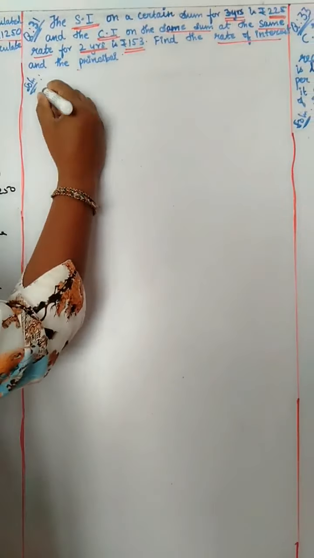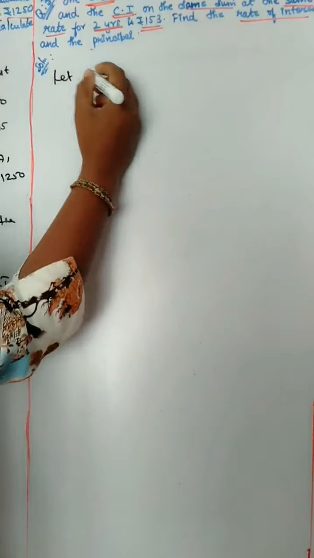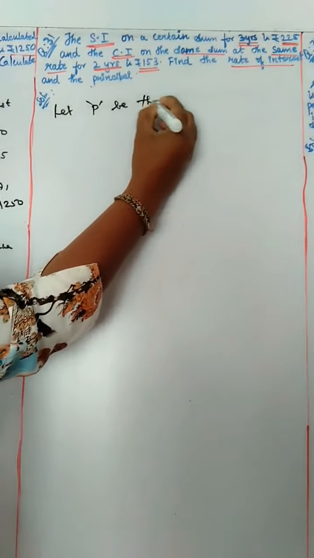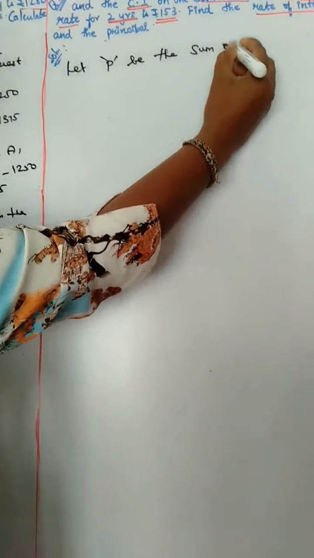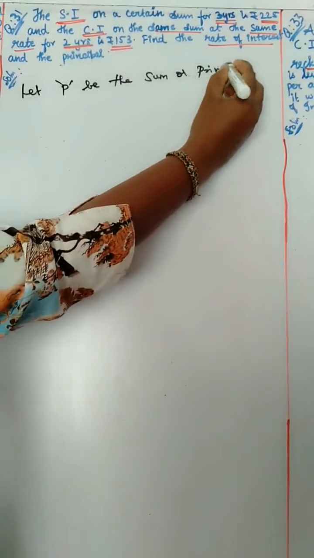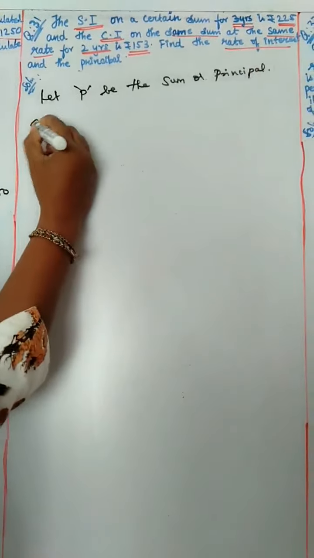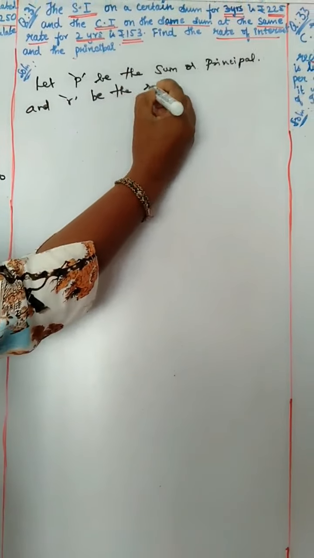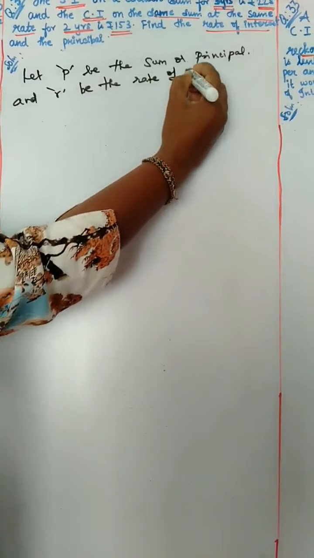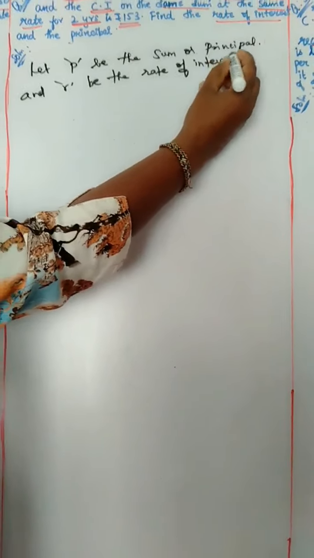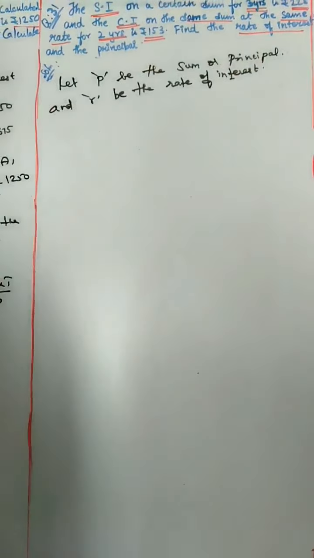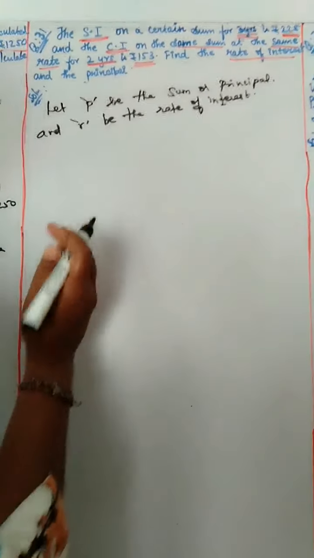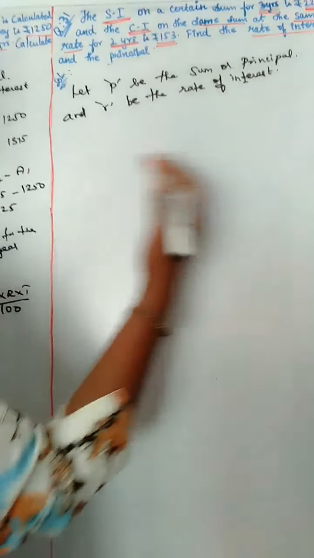Let us assume P be the sum of principal, both are the same, and R be the rate of interest. Then we divide into 2 cases for finding simple interest and compound interest.